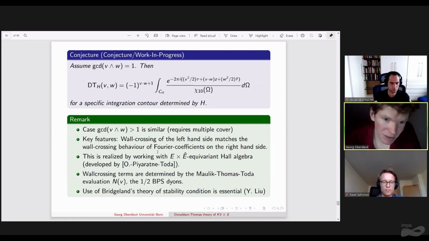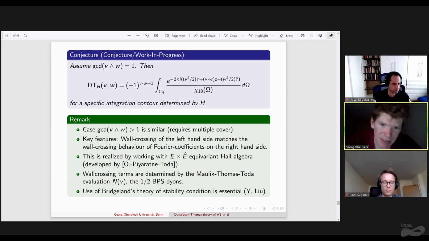And so mathematically, this is realized by working with what is called this E times E-hat equivariant Hall algebra. So there's a certain structure where, together with the sheaf, or together with the stack, you also keep track of the E times E-hat action on this stack. So this was developed together with Pierre Rantner and Toda.